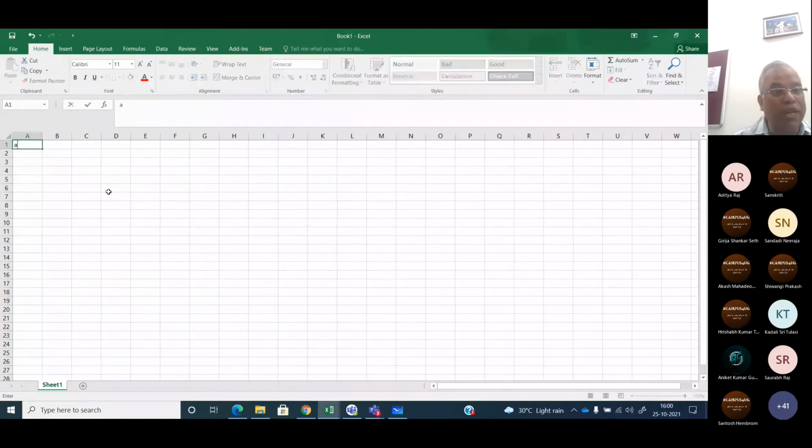Okay, so a is given as 2.5 meter. P naught is given as 10 MPa. Pi is given as 2 MPa. Let me make it a little bigger so that you can see.